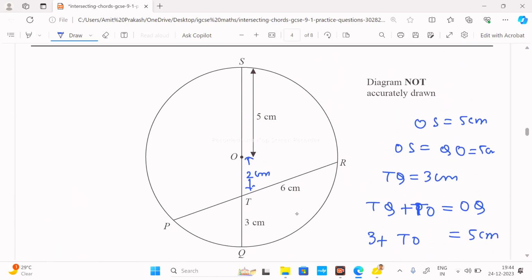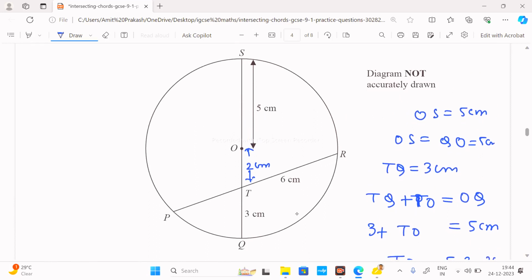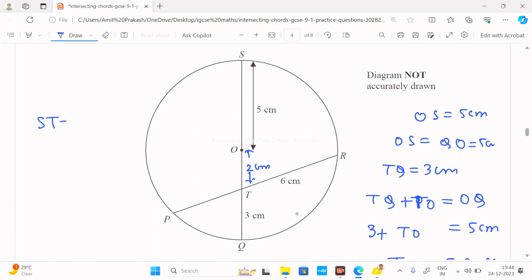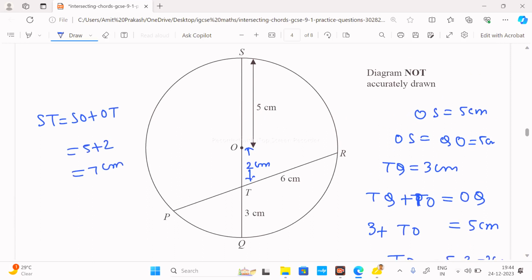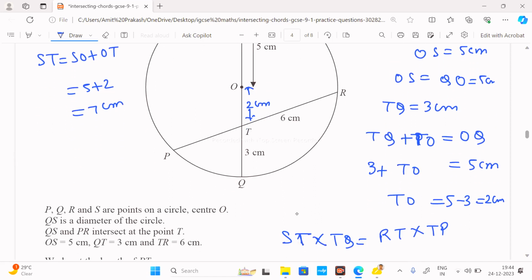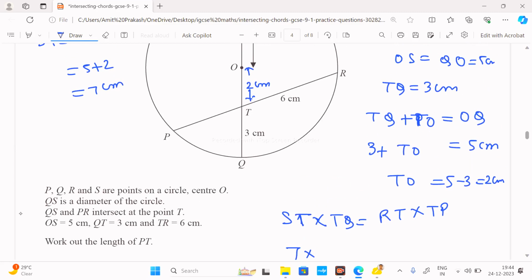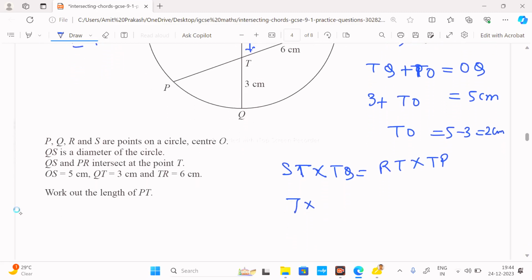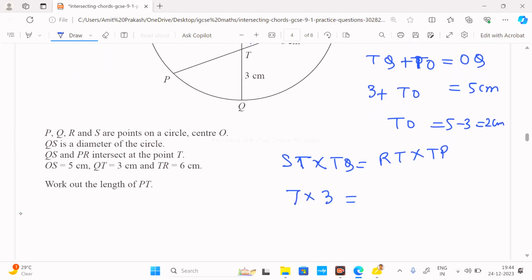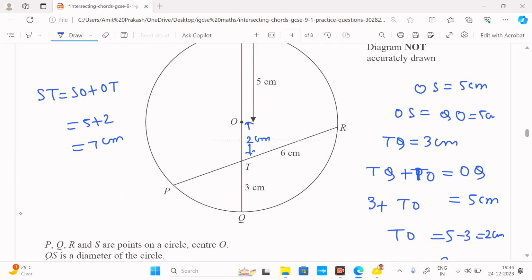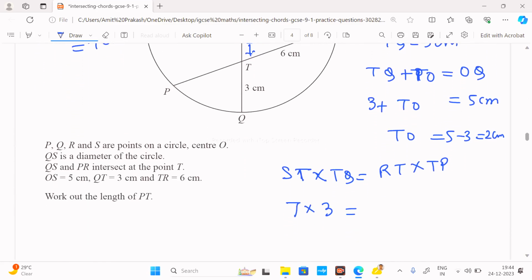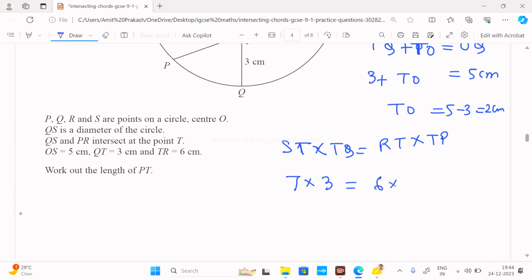ST equals SO plus OT, and this becomes 5 plus 2 equals 7 centimeter. Again we put here, this is 7 centimeter, and TQ is 3, RT is 6 centimeter, and we have to find out PT or TP.